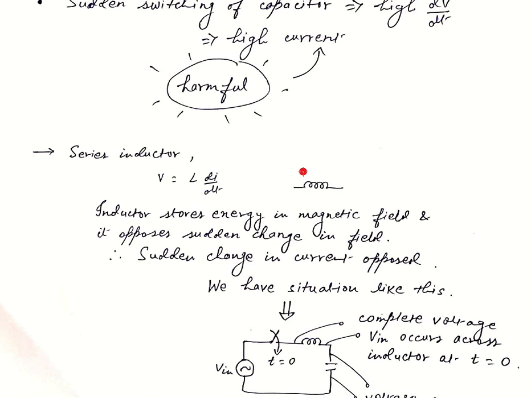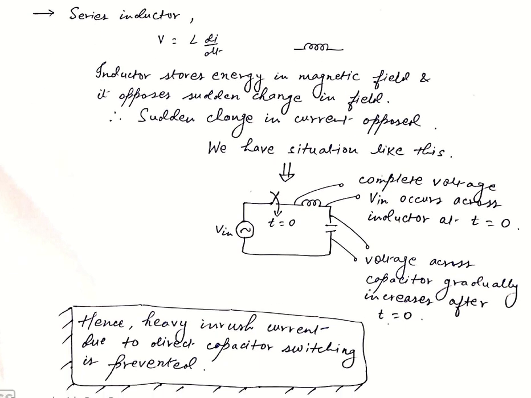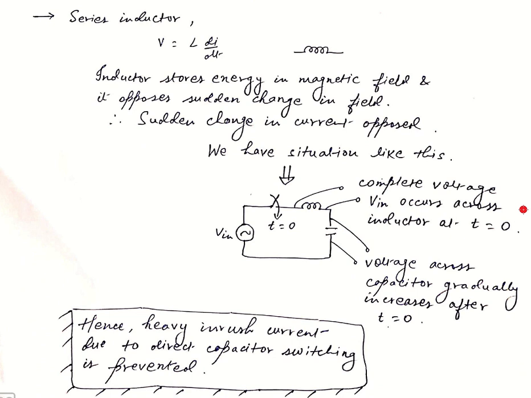So when we switch on an inductor, its magnetic field and its current increase slowly, and a sudden change in current will be opposed by an inductor.